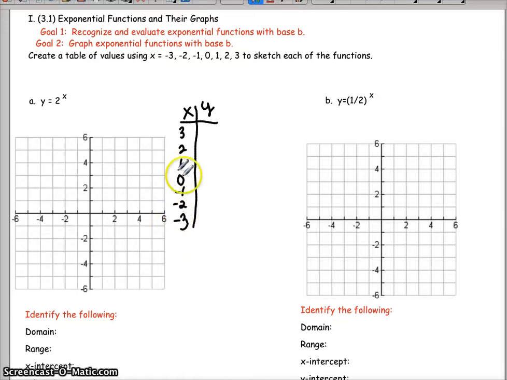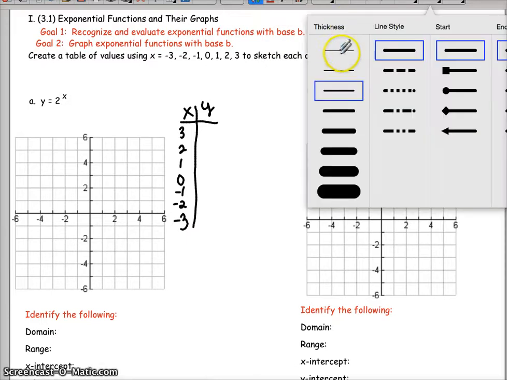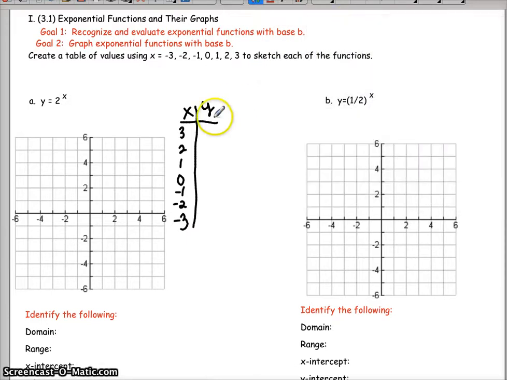You're welcome to use your calculator to crunch these numbers. So let's get started. Let's begin by raising 2 to the third power. You know that 2 times 2 is 4, and 4 times 2 is 8. 2 to the second power, 2 times 2 is 4. 2 to the first power is 2.